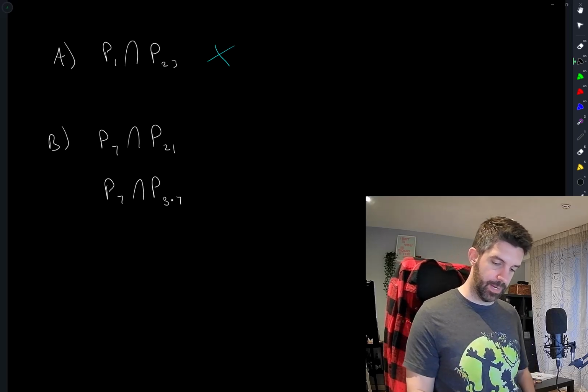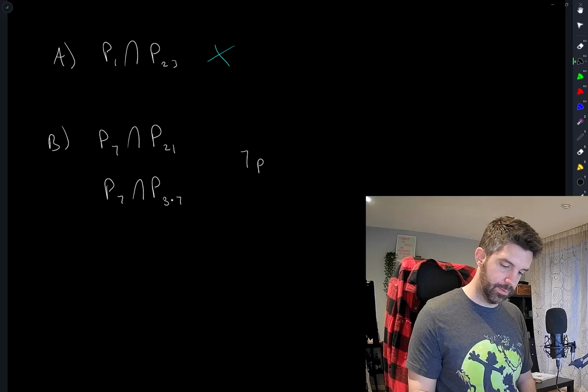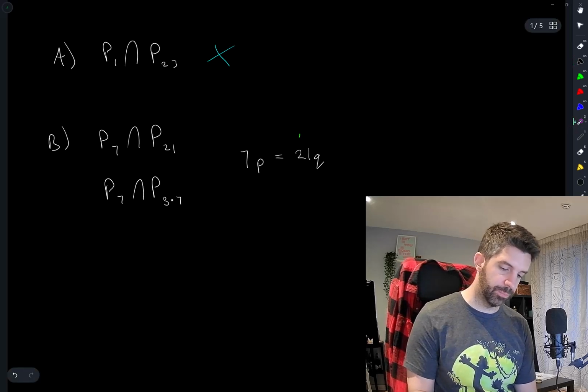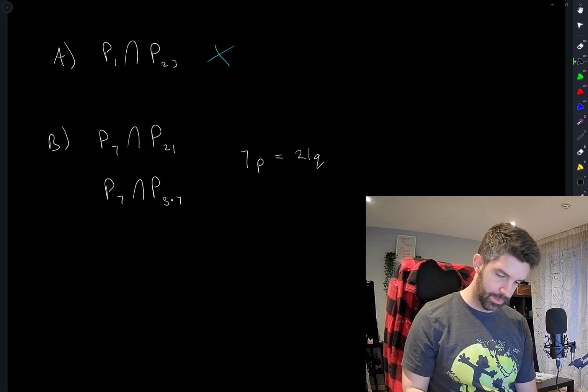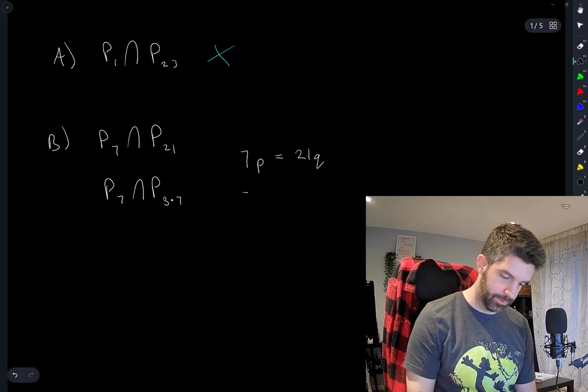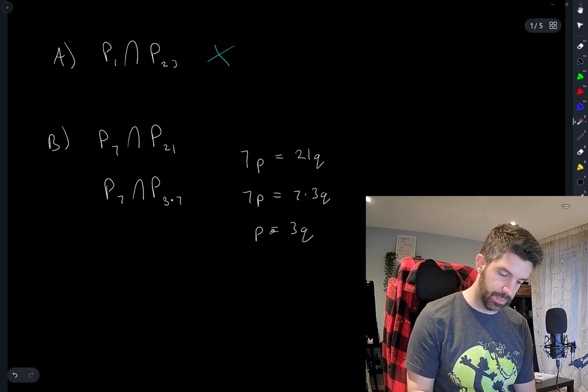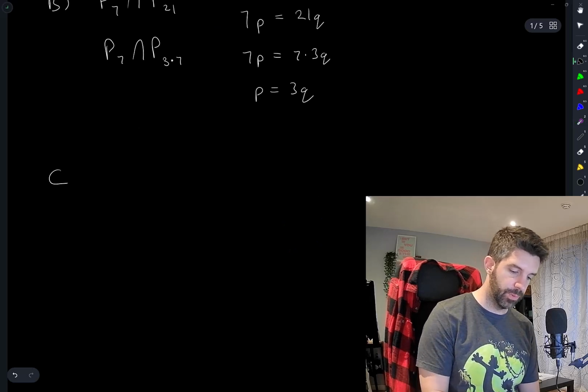So can I find a prime times 7, which is equal to another prime times 21? I'm seeing now that this is probably the way that I should be solving this question. So I have 7p is equal to 7 times 3q. So p is equal to 3q, which is a contradiction because we need p to be prime, and it clearly isn't. Yeah, so let's just work through each example like this.